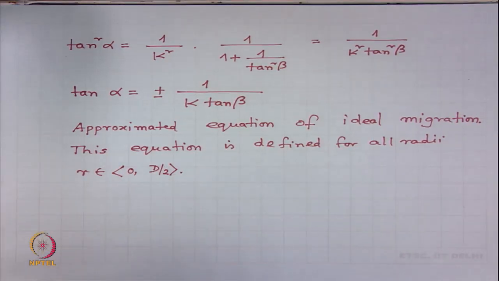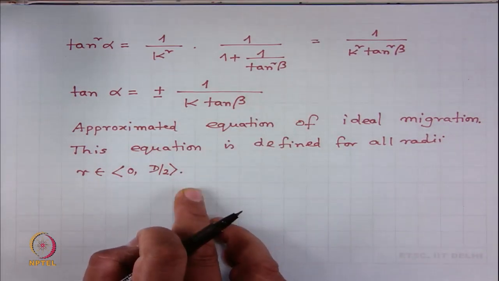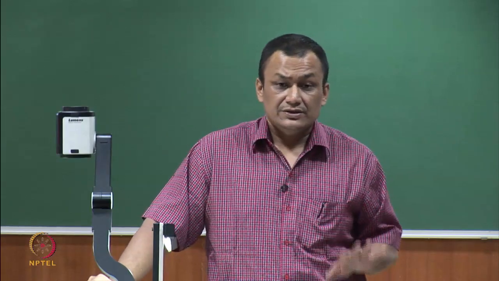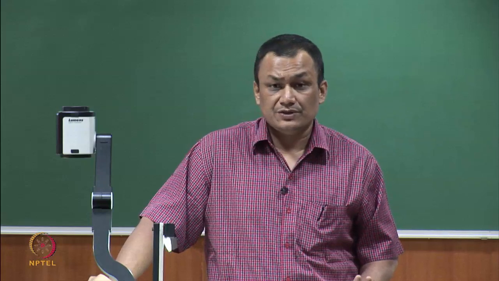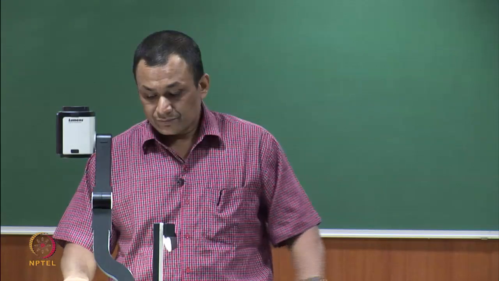So, one problem is over. This expression is defined for all radius. What was the second problem? Second problem of the fundamental equation: the analytical solution of the integral was not possible. Let us see if it is possible here.